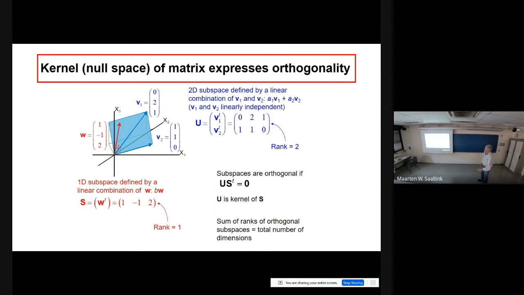The special case is that if I call this blue thing U and this red one S, then if I multiply U times the transpose of S, I always get 0.